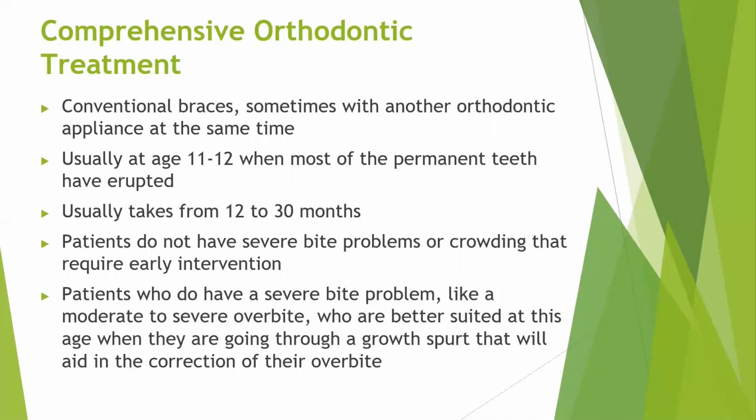Patients do not have severe bite problems or crowding that require early intervention. Patients who do have severe bite problems, like a moderate to severe overbite, are better suited for treatment when they are at an earlier age. So these types of patients with the severe bites are recommended to have phase 1 treatment before undergoing phase 2 treatment.